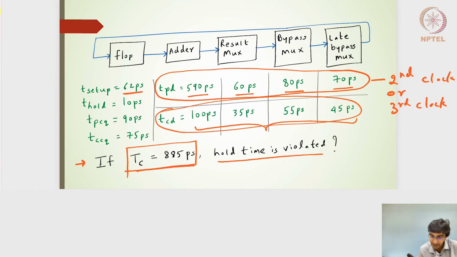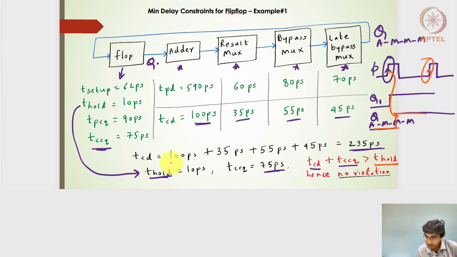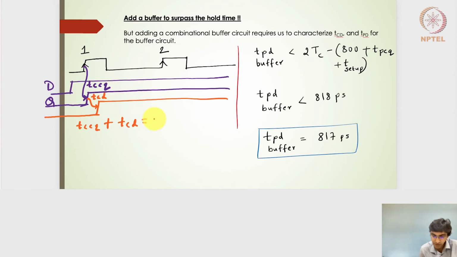Let me try to find out that particular value, which we had anyways calculated in the earlier slides. So let me go back to the earlier slide number 2, and then say that, okay, this value was 75 picoseconds and 235 picoseconds. So I'm coming back to here. So it is nothing but 75 picoseconds plus 235 picoseconds, which is nothing but 310 picoseconds, right?